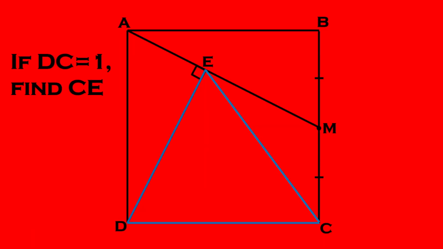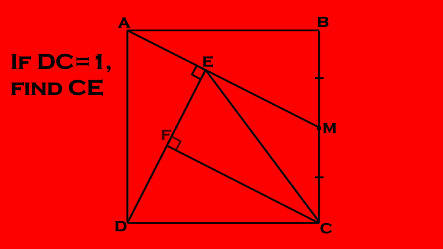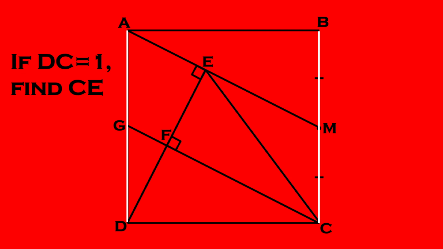So, returning to our original problem, from point C we bring the altitude CF. We extend it until it meets AD at point G. Now, focusing on the two white lines, because ABCD is a square, these two lines are parallel.